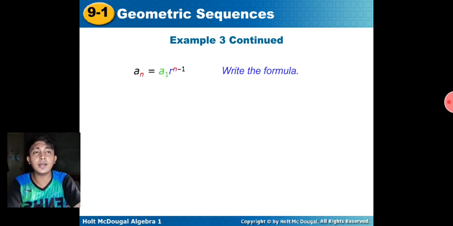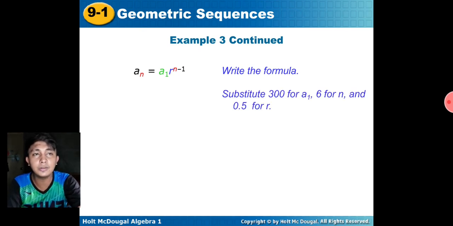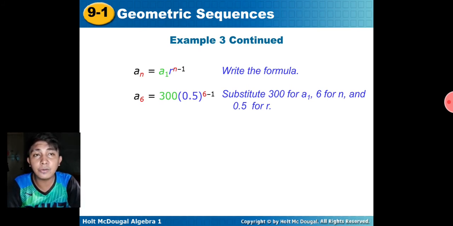Okay, again, to solve for it, we use the formula: a sub n is equal to a sub 1 times r raised to n minus 1. We substitute 300 for the first term, 6 for n, since 6th term ang gusto natin hanapin, and 0.5 for r. Next is to simplify the exponent.